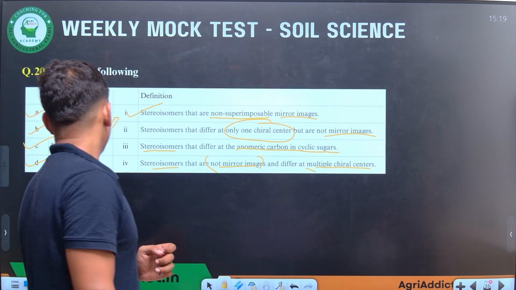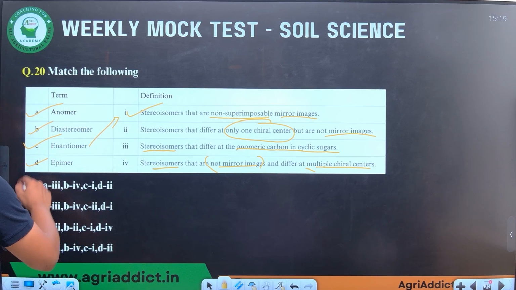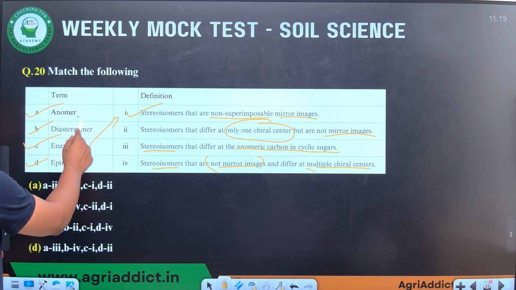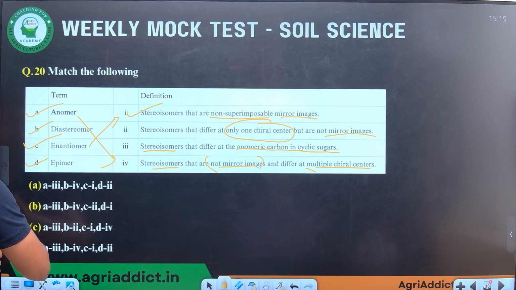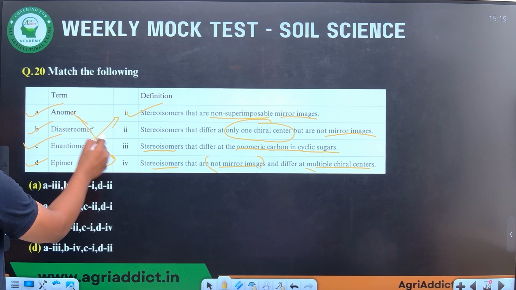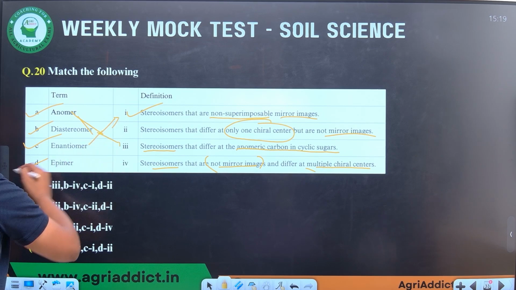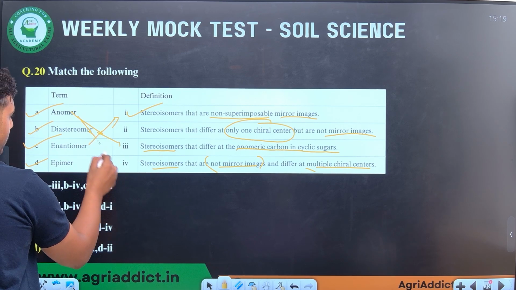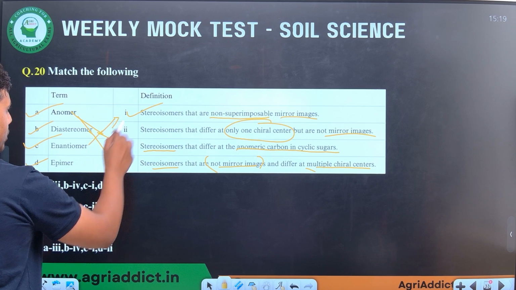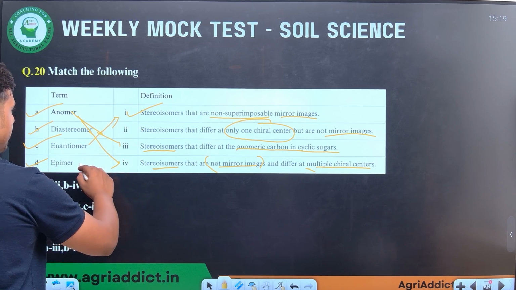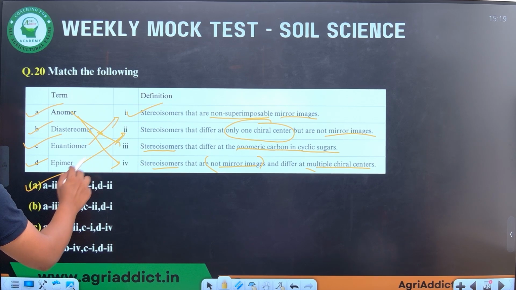So anomer is A3, diastereomer is 4, then enantiomer is 1, epimer is 2. So this is correct.